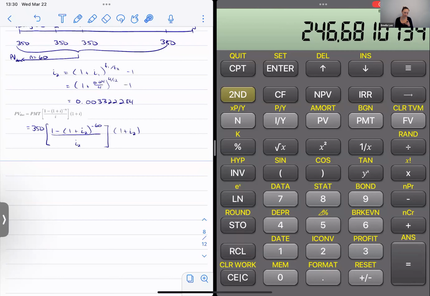I'm only hesitating because I have a different answer here. Okay, I'll just keep going. Times 1 plus recall 1 end bracket, times 350.